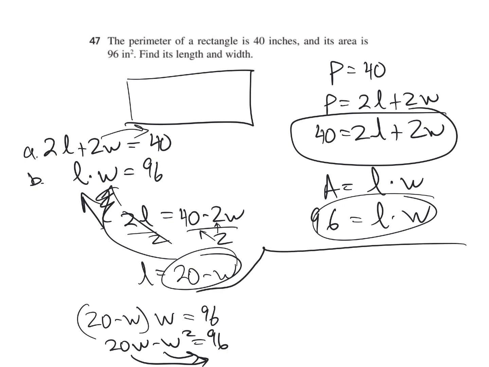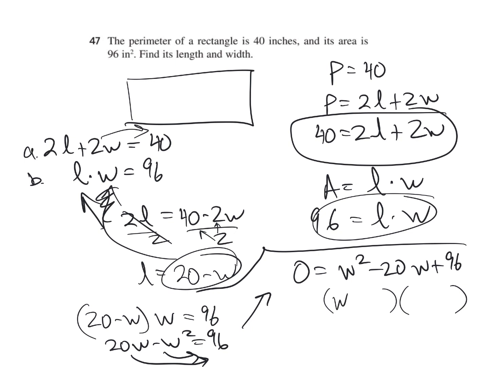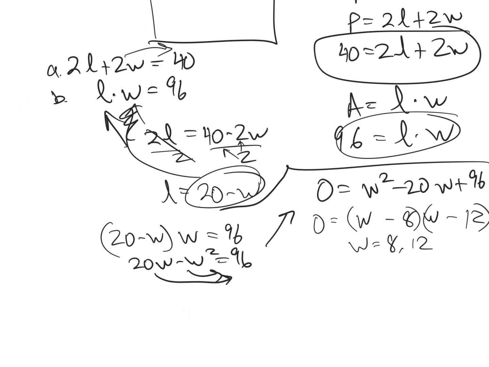All right, so here's what we have. We have 0 equals w squared minus 20w plus 96. All right, so hopefully that factors. And we have 8 and 12, negative, negative. So w is 8 or 12. So let's substitute this stuff back in to our original equations here.